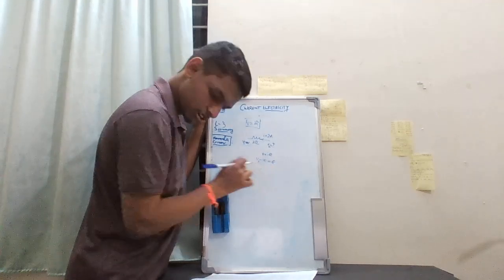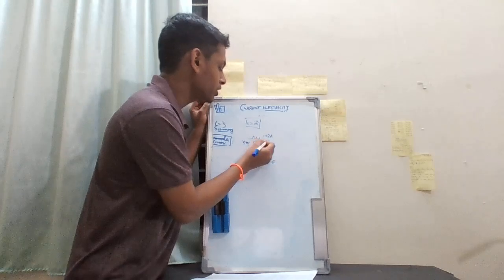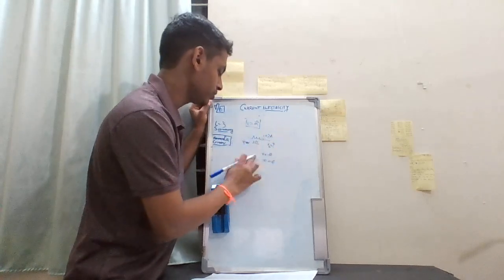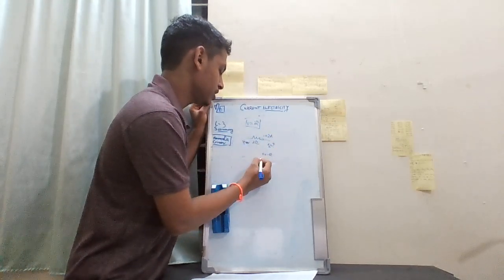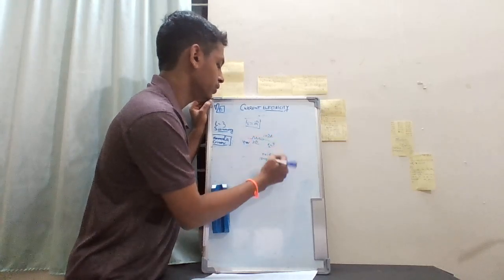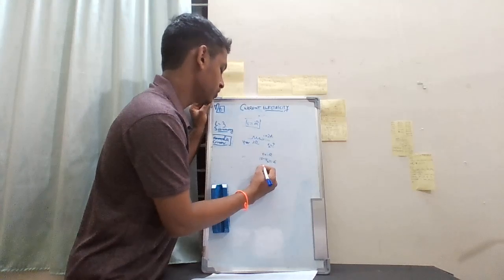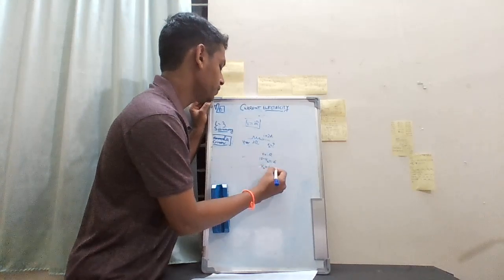Nah, I think I took the direction wrong. Yeah, the direction of current is that way, so it is 10 minus V2 equals I into R. 2 into 3 is 6, so V2 equals 4 volts.